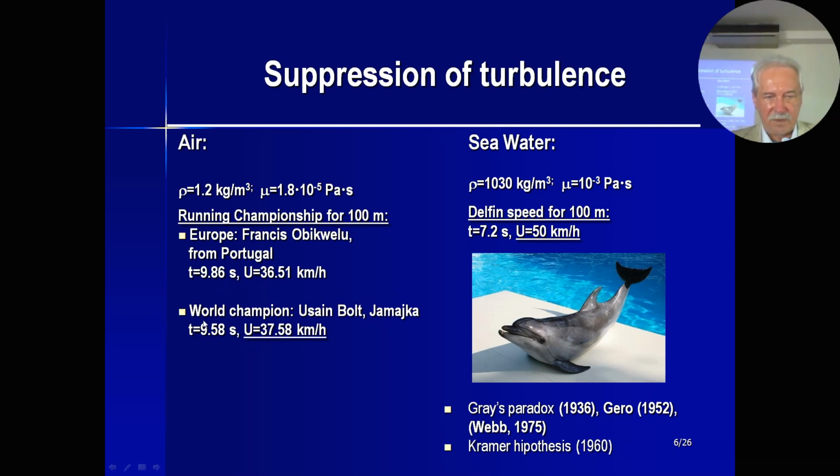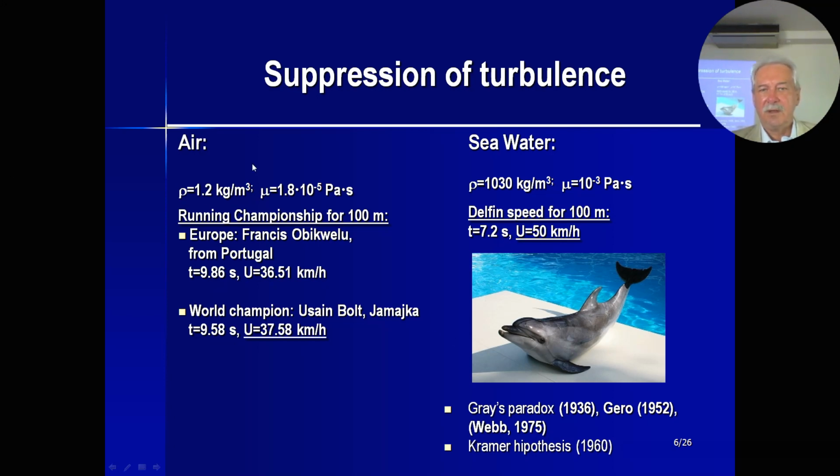We know that the fastest runner on 100 meters is Usain Bolt. I'm not quite sure if he is still the world champion, but his velocity is 37.5 kilometers per hour. But if we compare how fast a dolphin can swim, we know that a dolphin can reach 50 kilometers per hour easily.